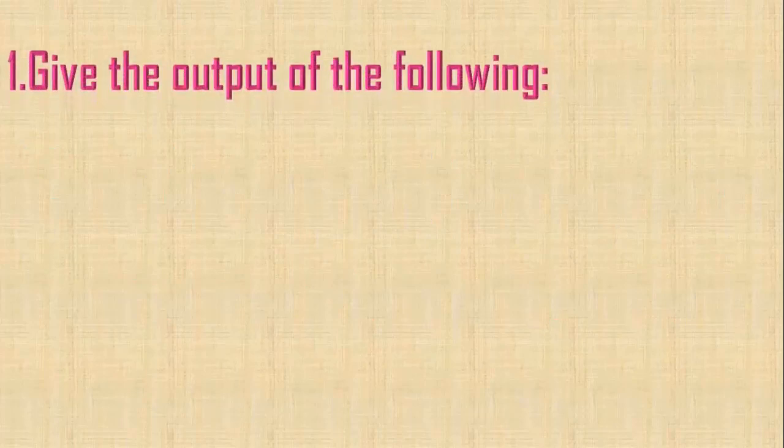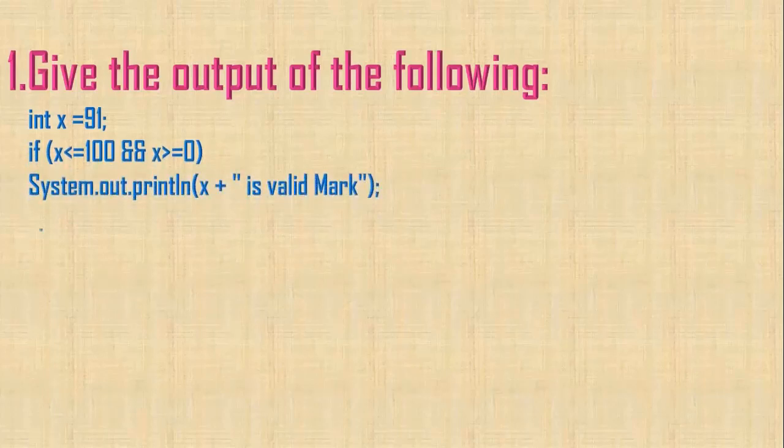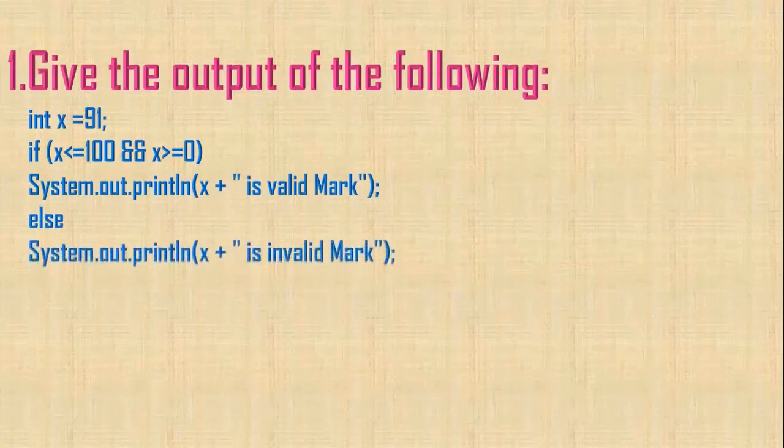First question, give the output of the following. int x is equal to 91 is initialized and the condition is given with the printing statement if it is true, and in the else part there is one more printing line. So here the condition given is x is lesser than or equal to 100 and x is greater than or equal to 0.